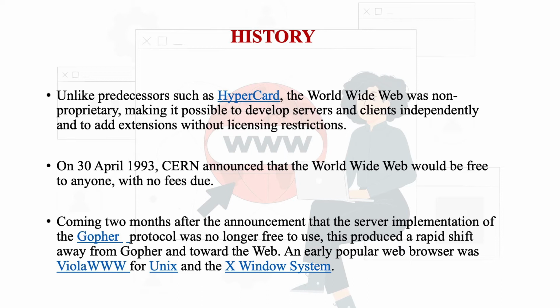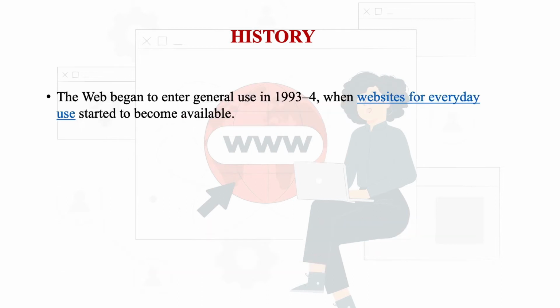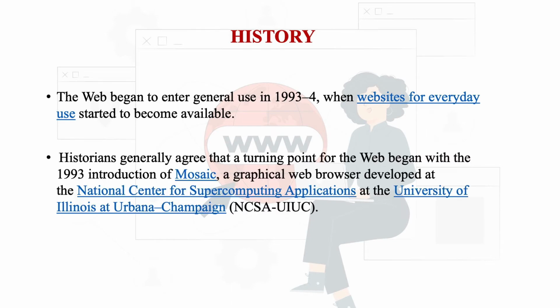An early popular web browser was ViolaWWW for Unix and the X Windows system. The web began to enter general use in 1993, and after that, websites for everyday use started to become available. Historians generally agree that a turning point for the web began in the 1993 introduction of Mosaic, a graphical web browser developed at the National Center for Supercomputing Applications at the University of Illinois at Urbana-Champaign.